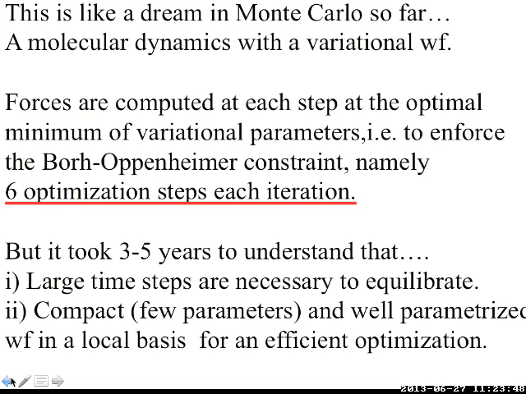So let me talk more. I want to show that this was like a dream for me, and now we begin to do this calculation. Of course, we spend some million hours, but it is a lot of computer time.